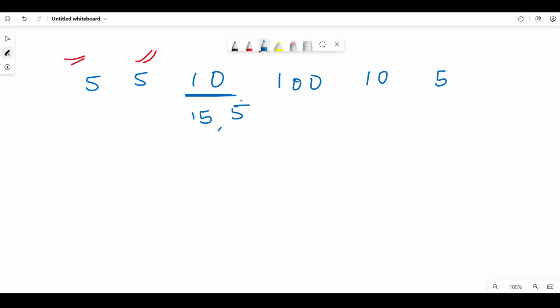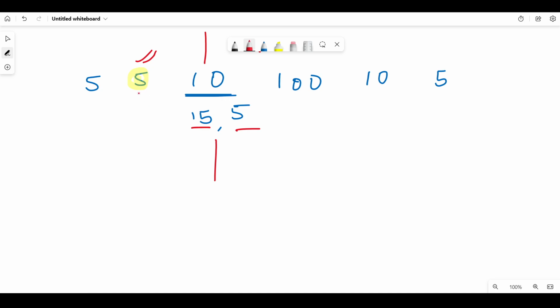Are you getting what I have done here? I have chosen this house for robbing, so I will not rob this house and I will not rob this house. So the maximum money I can get till here is the maximum of these two values. Means I will consider both cases, excluding this house and including this house.